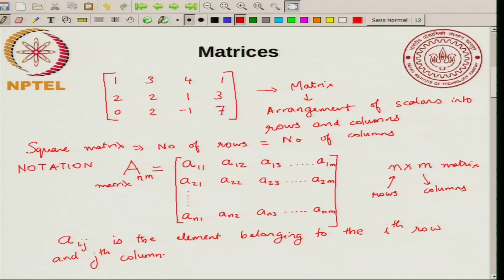We will use capital letters to denote matrices and small letters with subscripts to denote the appropriate elements of matrices. Needless to say, a square matrix has m equal to n, so number of rows equal to number of columns. Typically you denote it by A n n, an n by n square matrix. So, this is the basics of matrix.